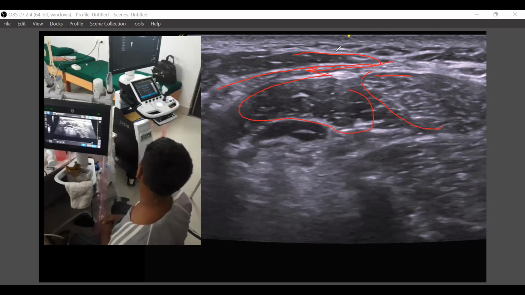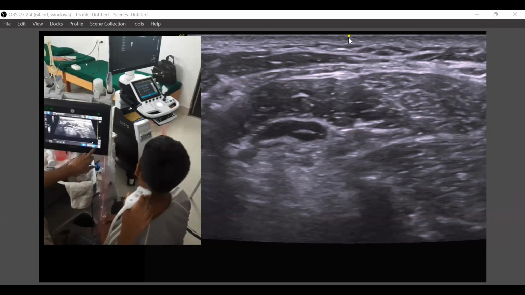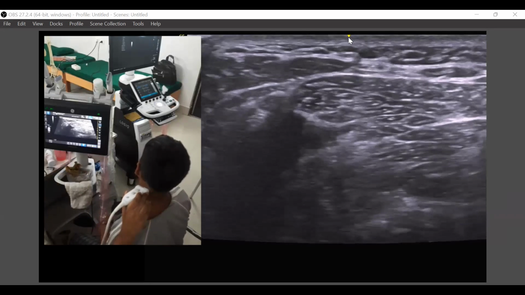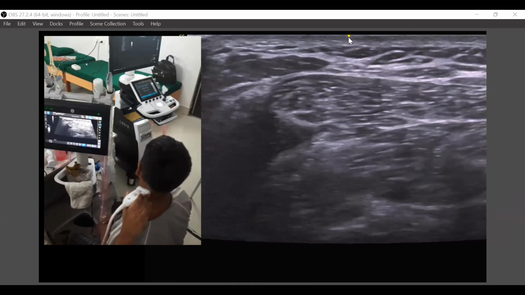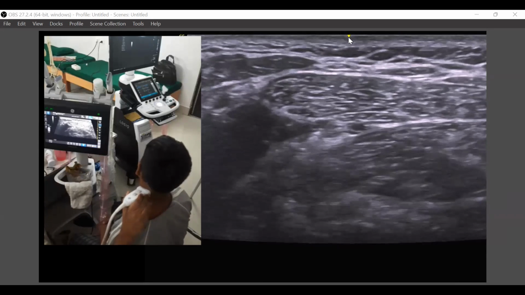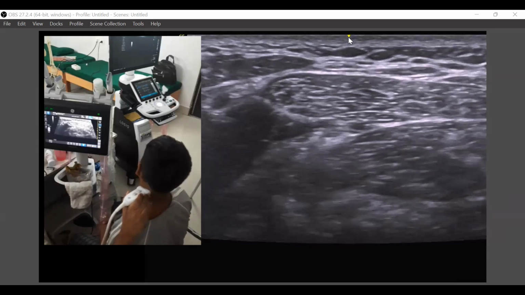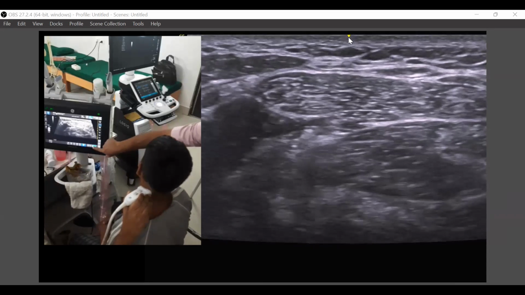I'm clearing the drawings, and again I'm starting from there. Here you can see the lesser occipital nerve very nicely, just below the yellow arrow. Two dots are seen, opposite to the aspect marker, very nicely seen.